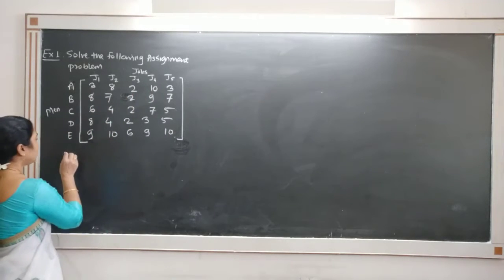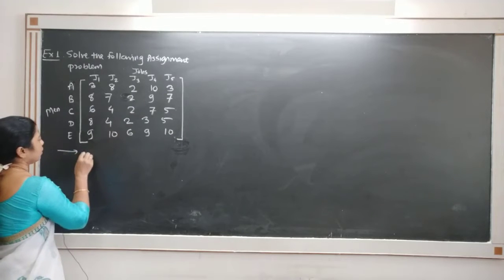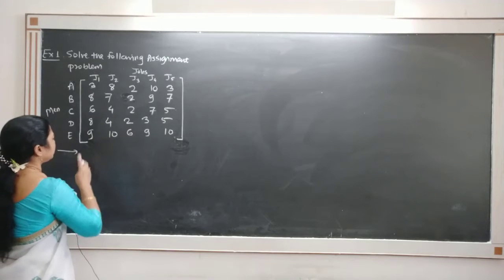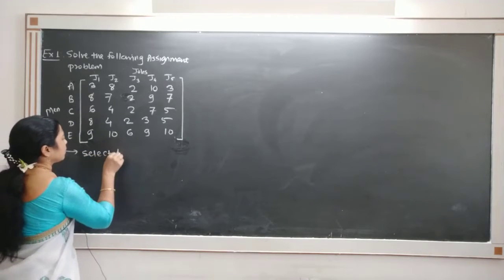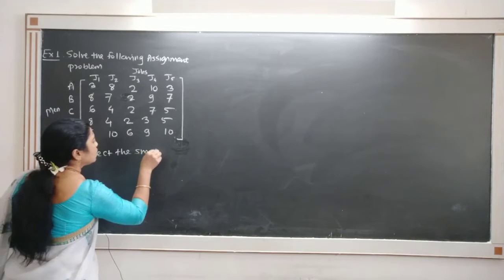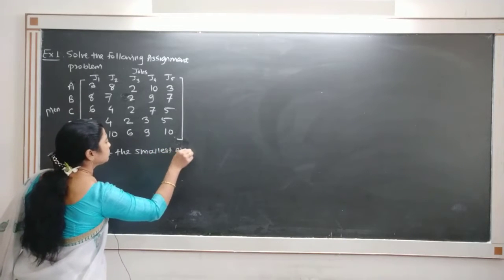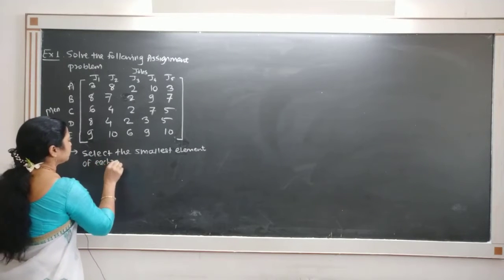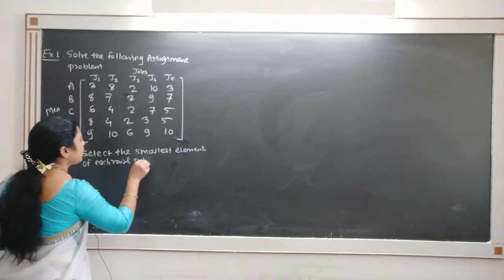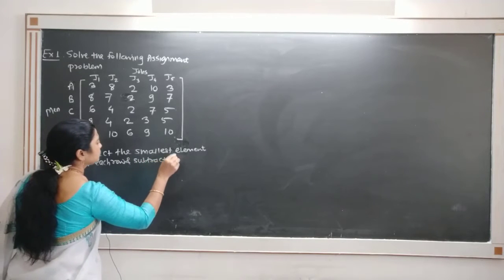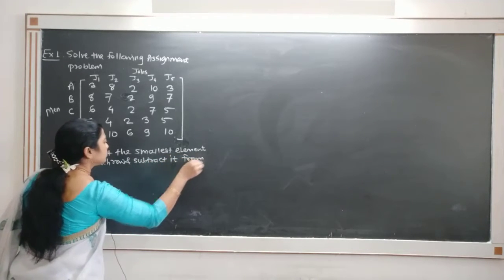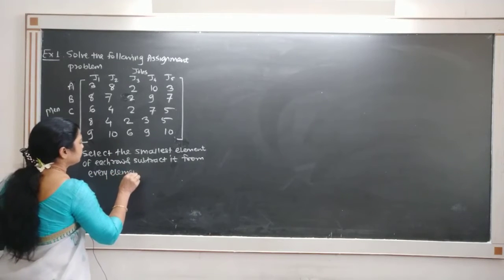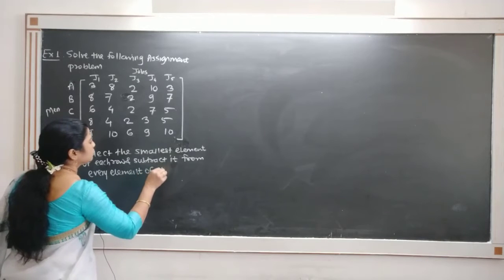So in the first step, we select the smallest element of each row and subtract it from every element of that row.